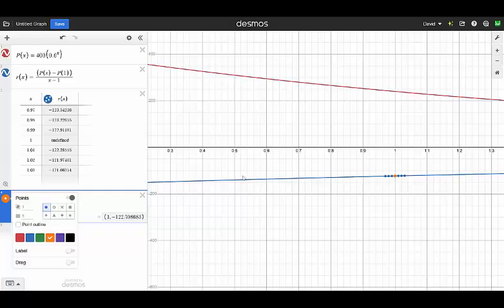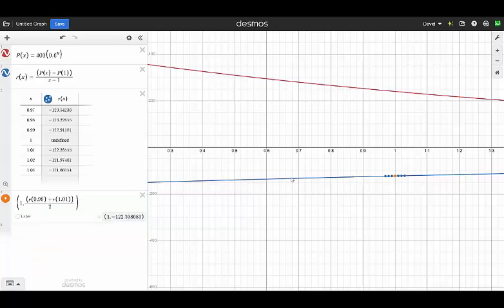Is it defined? No. 0 over 0 says it's not defined. But clearly, that orange point goes right in line. It fits in that line beautifully, right in a row. It's on the graph too. So it's everything we expect. So that would be our instantaneous rate at that point, negative 122.598.